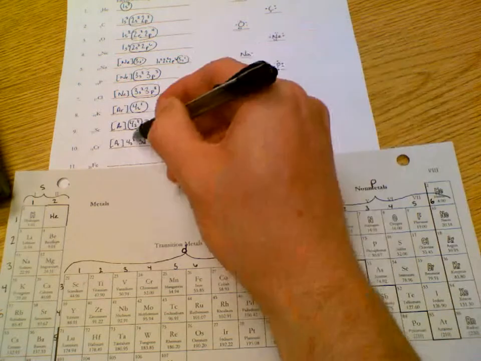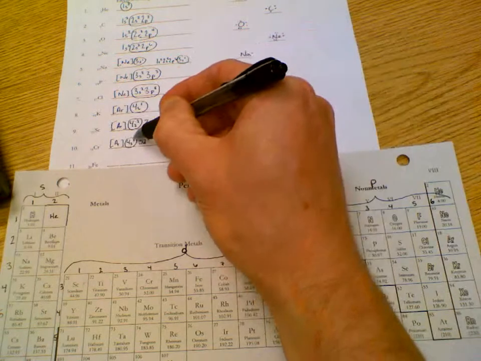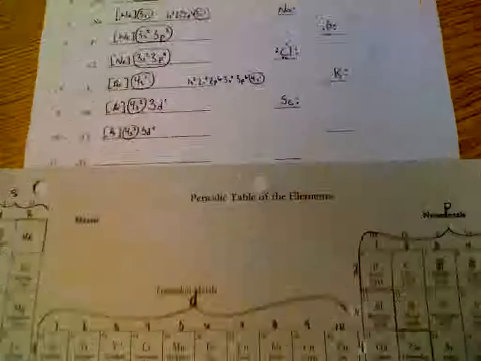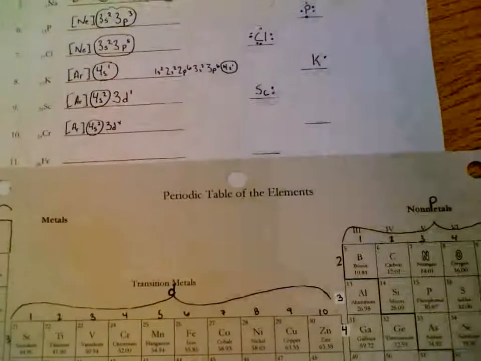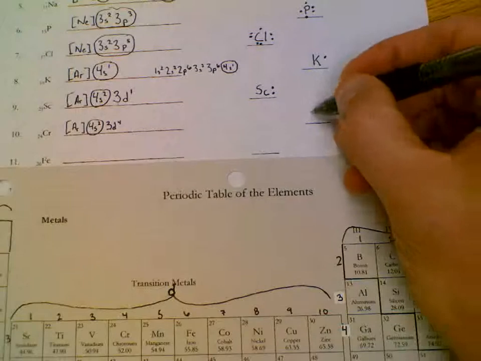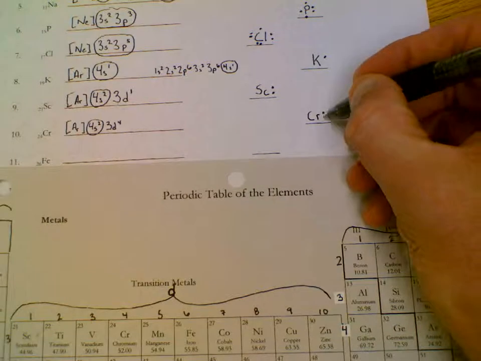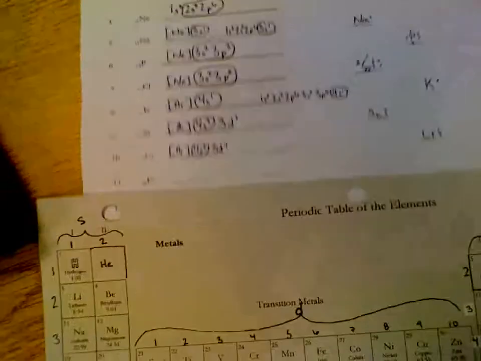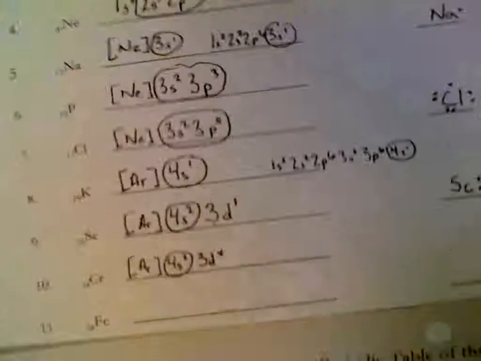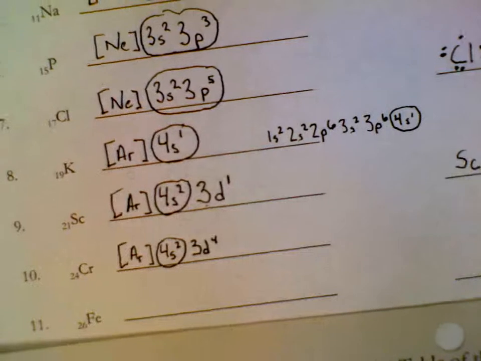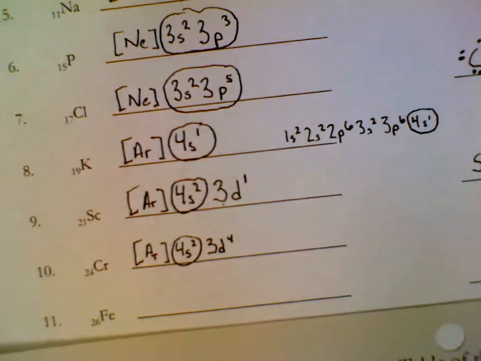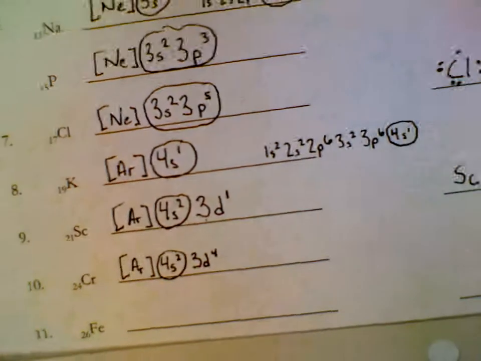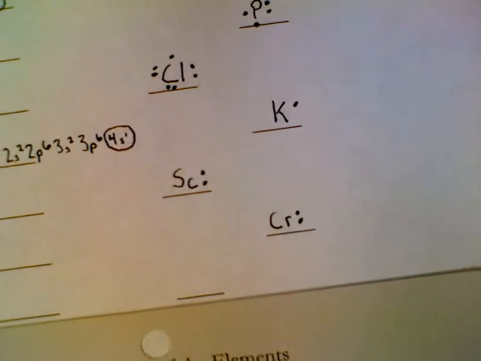Circling electrons, 4s2, so it's circled. So we write chromium, 2 s electrons, 2 dots on the right. Here are the last few electron configurations. And you can see the last few dot diagrams.